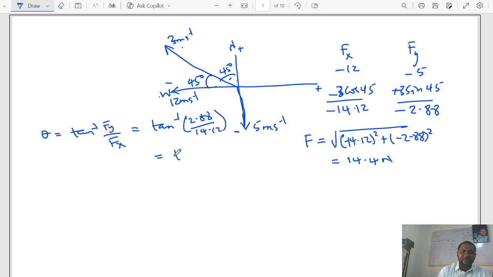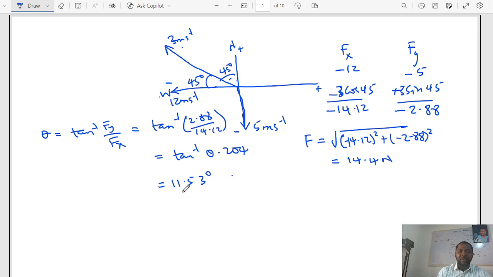Let's divide this first. 2.88 divided by 14.12 gives us approximately 0.204. So tan inverse of 0.204 is 11.53. So this is 11.53 degrees.